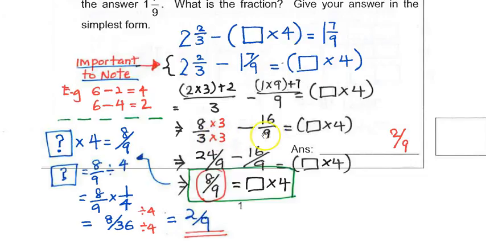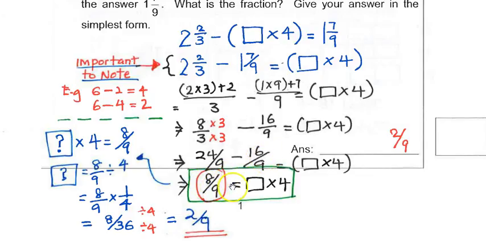We are going to make the denominator the same. Right? This is 16 over 9. So convert 3 to 9. So you times 3, 24 over 9 minus 16 over 9 gives you this one, 1 times 4 over here. Now work out, this is 8 over 9.